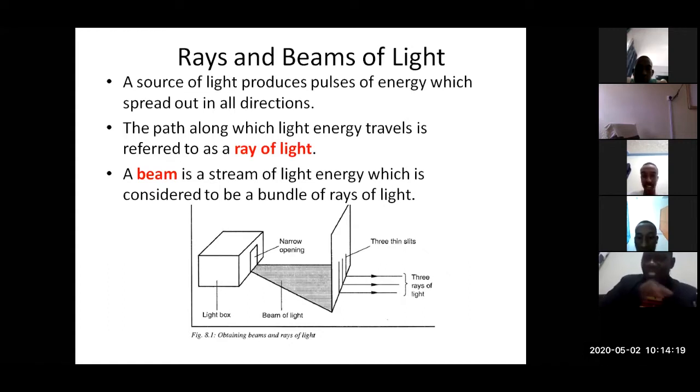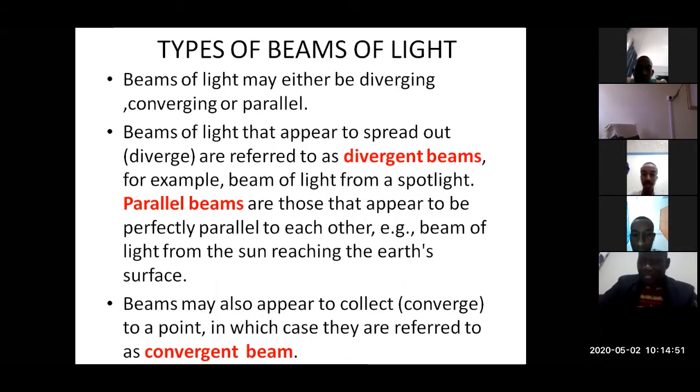Translucent: light can pass through, but you can't see through them. Good. Transparent: light passes through and you can see through. Very good.